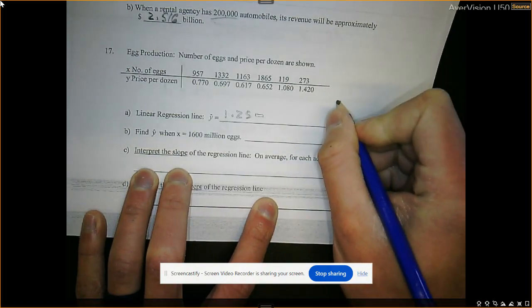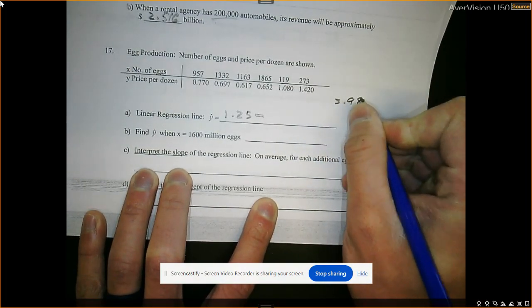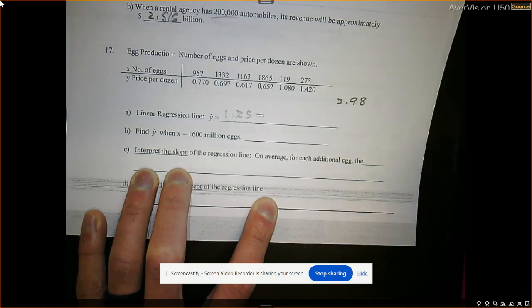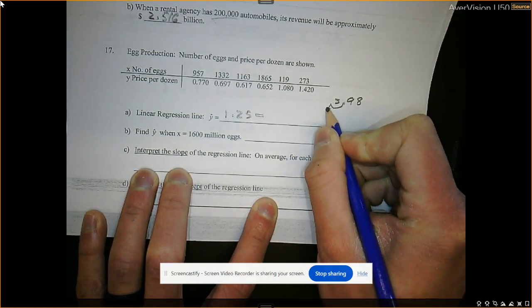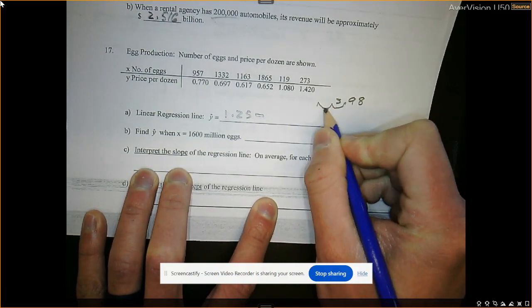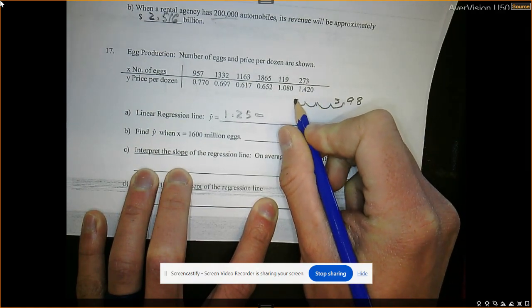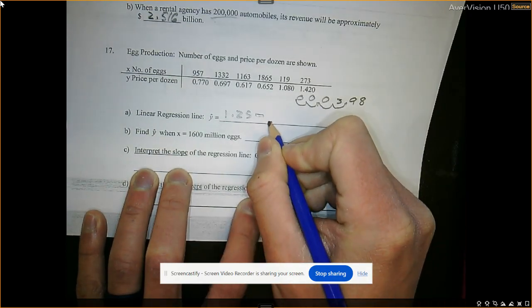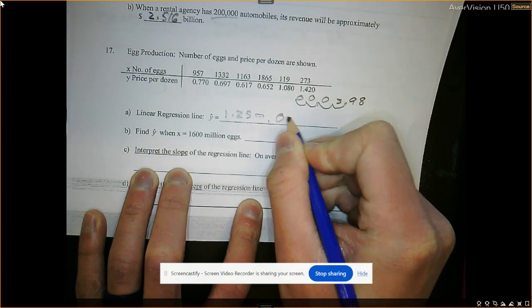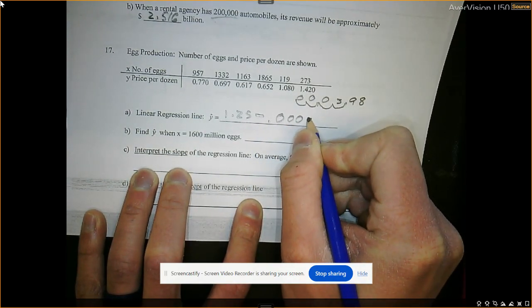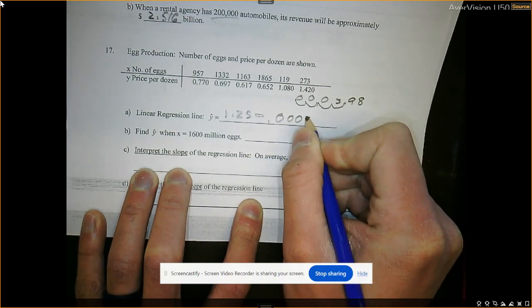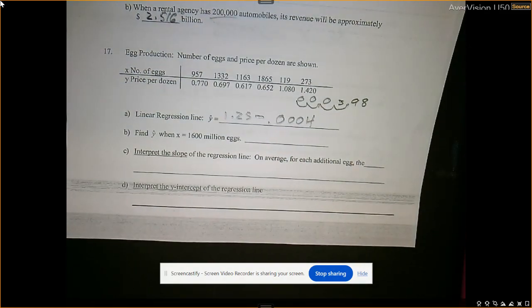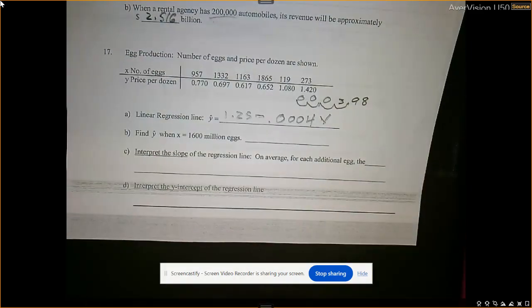Let's do this off to the side. Move that decimal 4 places to the left, so that's 1, 2, 3, 4, and then fill in those gaps with zeros. So that's a tiny b, it's 0.000398, which I'll just round to 0.0004. And that's x.